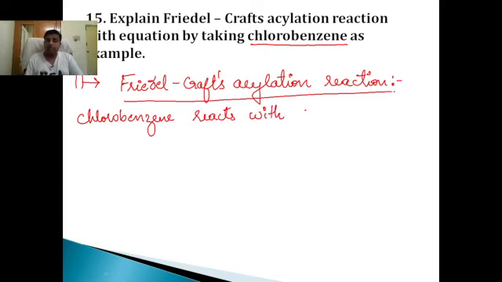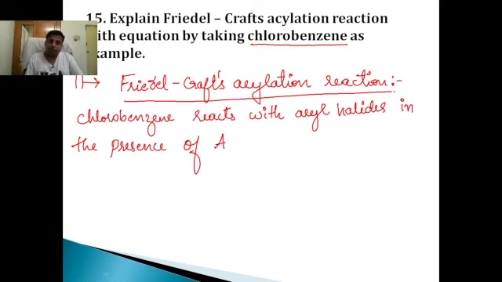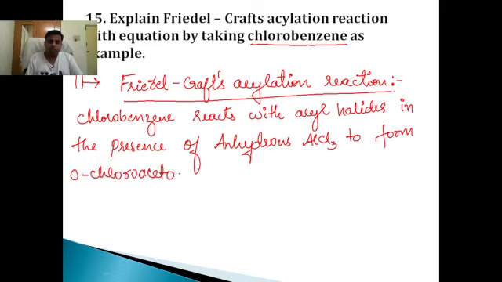Since it is acylation reaction, chlorobenzene reacts with acyl halides in the presence of anhydrous aluminium chloride to form orthochloroacetophenone.